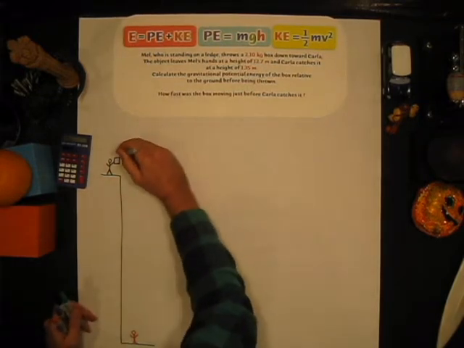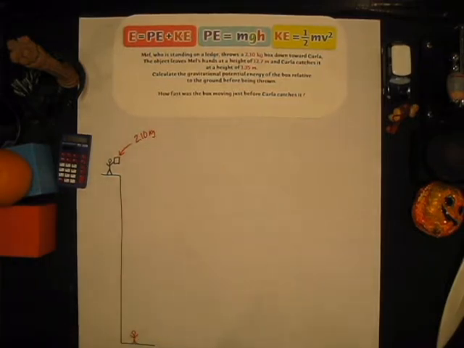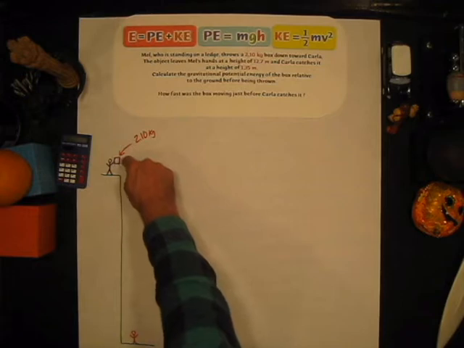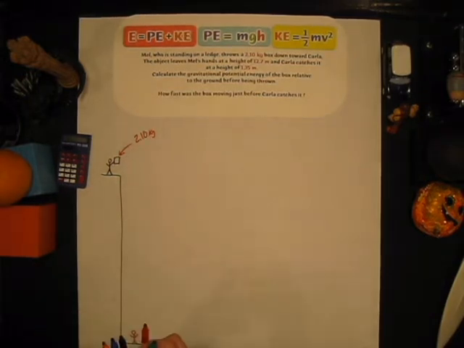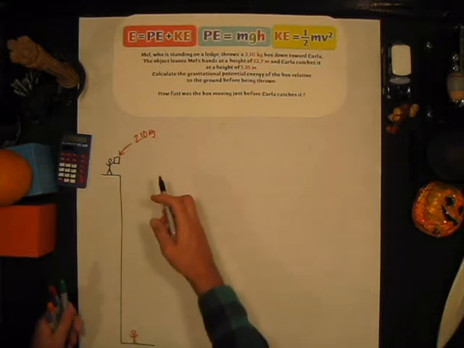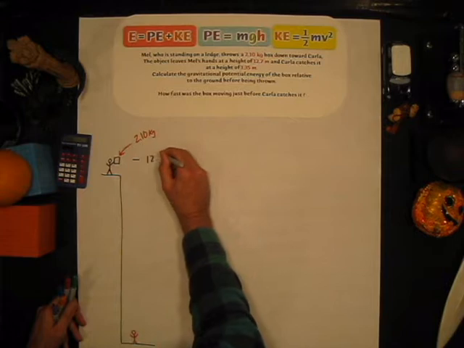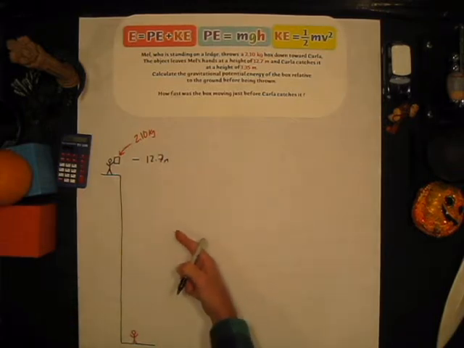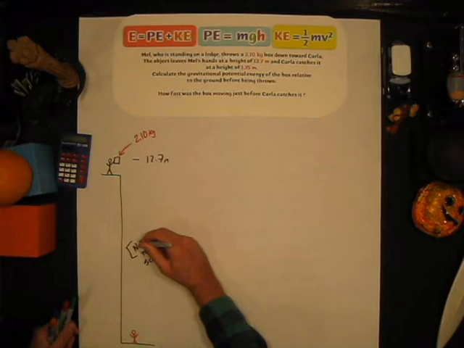And this is 2.10 kilograms. Let's assume that he just holds it out and drops it straight down. That's strictly Y displacement. So the height here is 12.7 meters. This is not to scale.